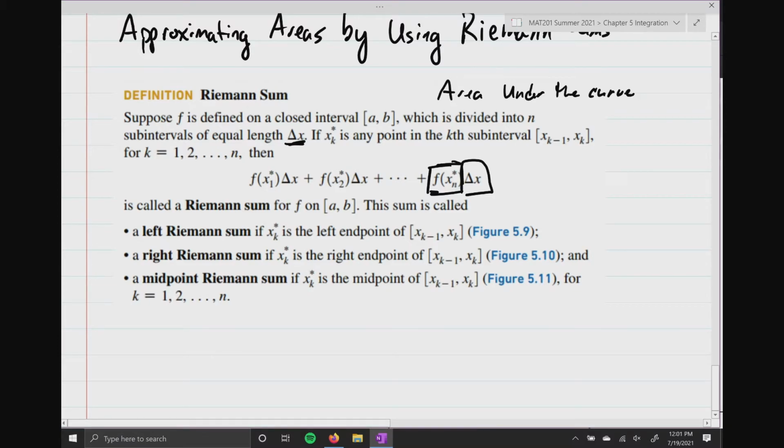In Calc 3, you do a lot of derivatives again and stuff like that. In fact, Calc 1 and Calc 3 are essentially the same course, just Calc 3 is in 3 dimensions, where in Calc 1 we only talk about x and y. But anyways, more on that later. So our goal is to find the area under the curve. We're using rectangles to do that.